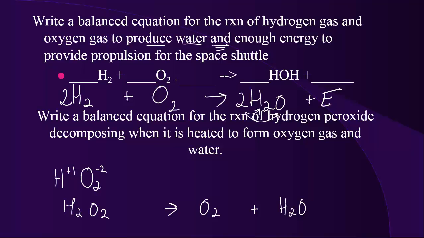Any clue as to whether this is an endothermic or an exothermic reaction? Okay, so it's almost as by implication, if it's not heated, then it won't work, right? Because it says when it is heated, which is implying that if it's not heated, nothing's going to happen. So, where would you expect to find the letter E?